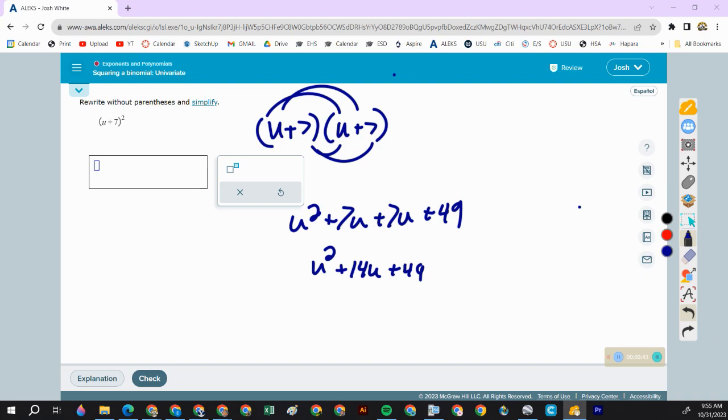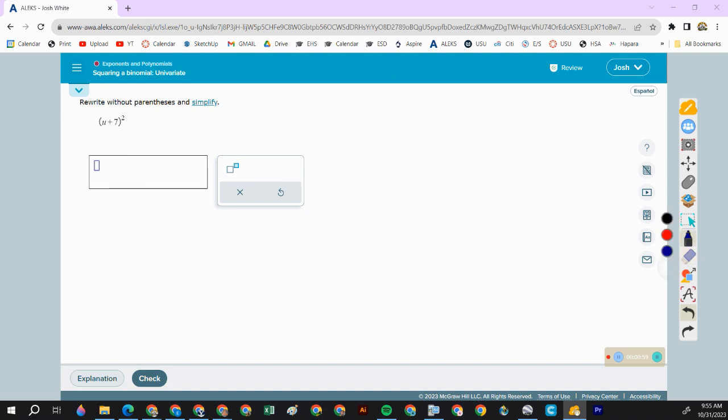Okay. Hopefully, you see the pattern. 7 plus 7 is 14, and 7 times 7 is 49. And hopefully from now on, you can just do these in your head. So if I had x plus 3 squared, that's going to be x squared plus 6x plus 9.